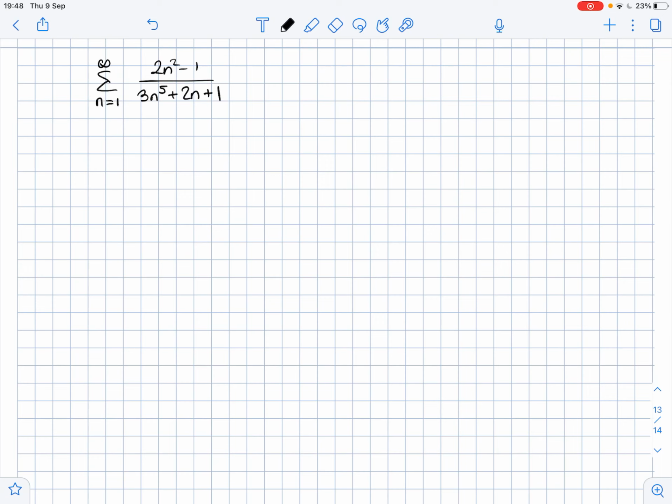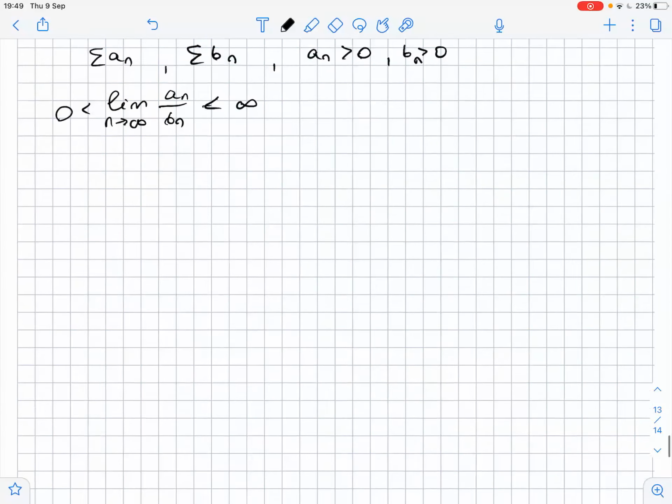According to the limit comparison test, if two series, the first series is an, the second series is bn, with an greater than 0 and bn greater than 0 for all n, then if the limit of an over bn, where n approaches infinity, lies between 0 and infinity, then the series either both converge or both diverge.